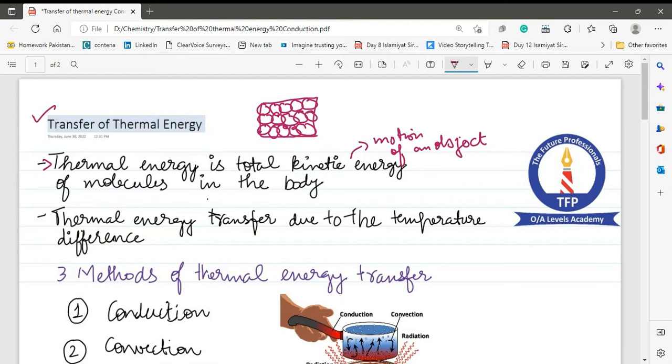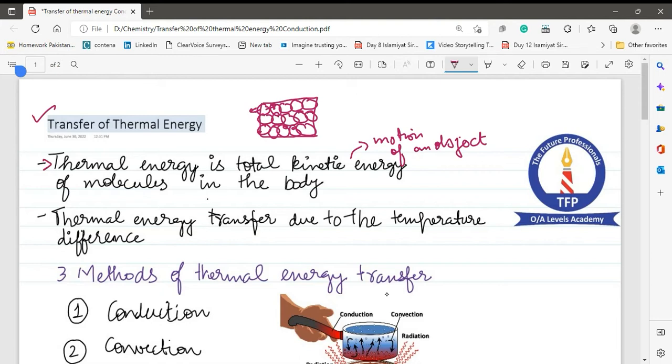If we take any example of any state of matter, for example the solid one, the solid state is made up of tiny particles which vibrate at their fixed position. So this vibration is due to a certain type of energy, which is kinetic energy. So they are stating that the thermal energy is the total kinetic energy of the molecules present in the body.